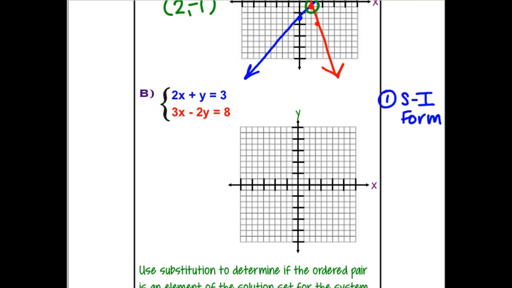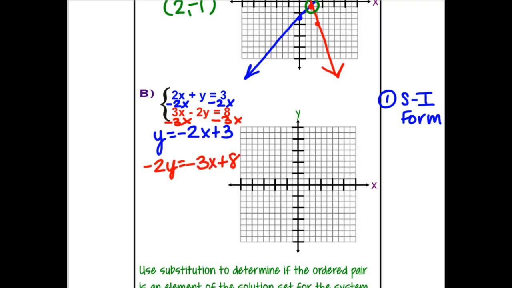So I'm going to go ahead and solve this one. I'm going to subtract 2x, and that gives me y equals -2x plus 3. The next one, I'm going to subtract 3x, and that gives me -2y equals -3x plus 8. Then I'm going to divide everything by -2, to give me y equals, negative divided by negative is positive, so 3/2 x minus, because positive divided by negative is -4.